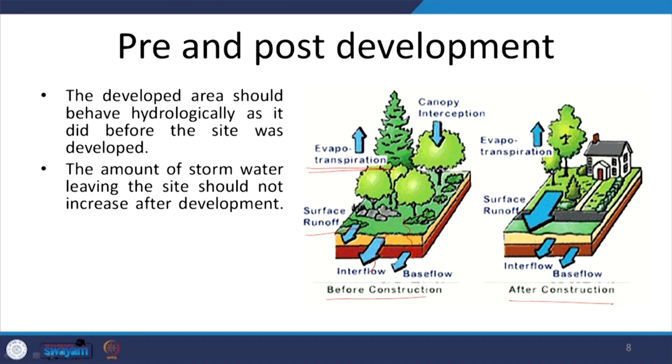However, if we look at the after construction scenario, we see that the volume of surface runoff has substantially increased because the vegetation is not there as much. So, the surface type allows more water to be run off and there is less in the base flow and largely interflow. So, this is not a good scenario.